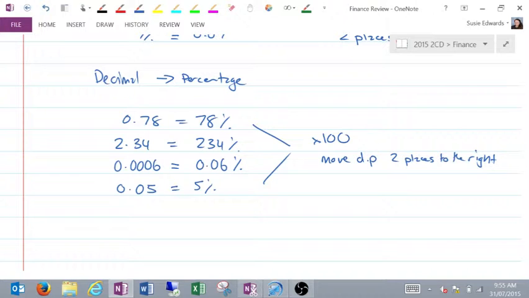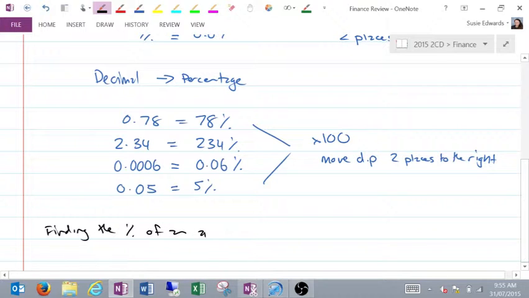All right, so if we actually then are trying to find the percentage of an amount, so this is what we're going to write, we're going to say finding the percentage of an amount.